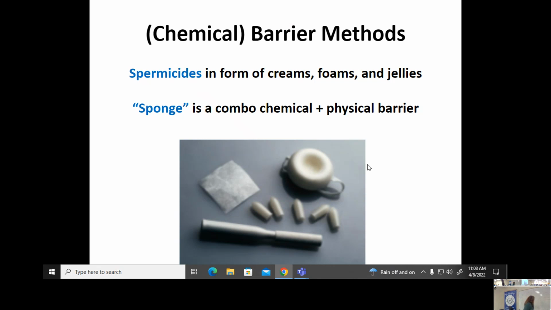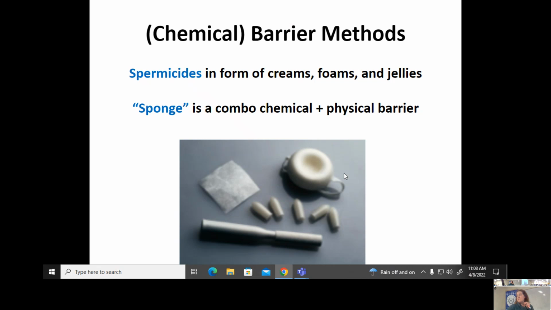There's a contraceptive method that has become popular again in the last 15 years, called a sponge. You can buy this at a drugstore or probably Walmart. It's kind of a barrier, and you insert it into the vagina, and it's spongy material, and inside the sponge is spermicide.